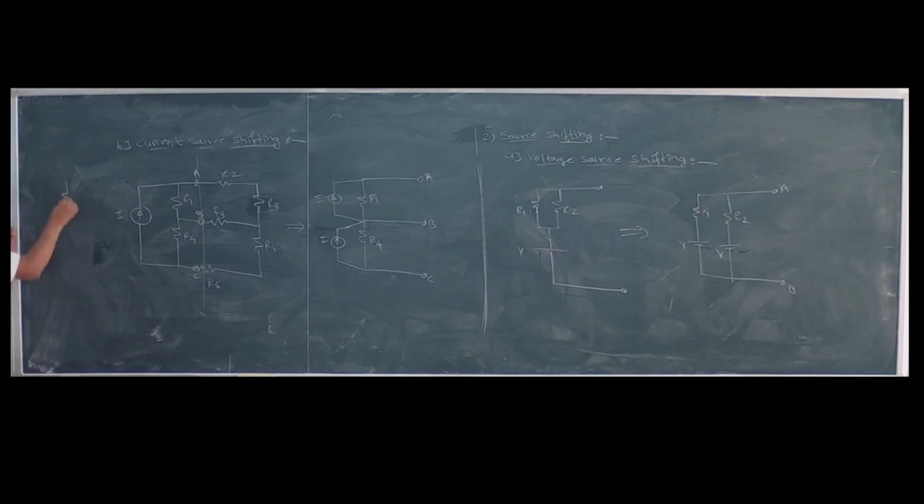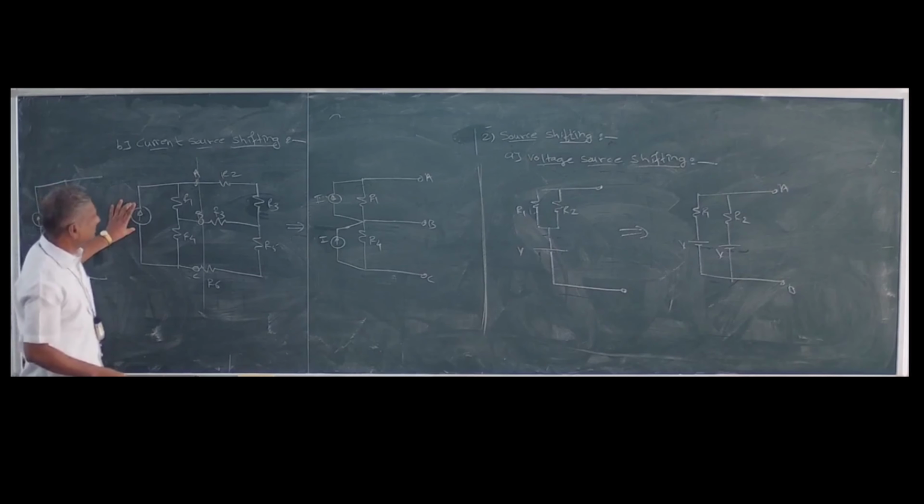Whenever there is a branch in which the source is across both combinations, it can be split into the two branches, just like here.